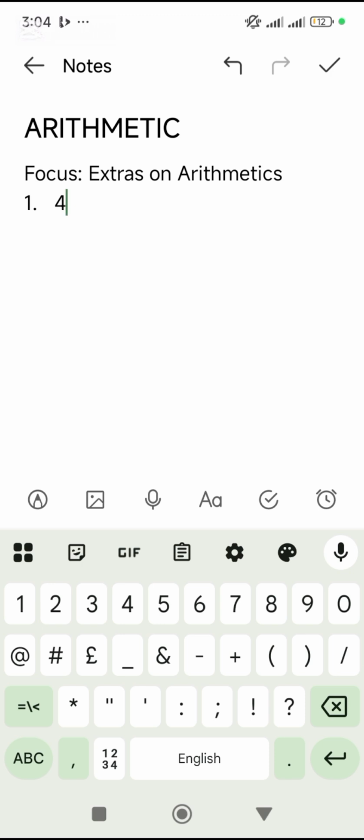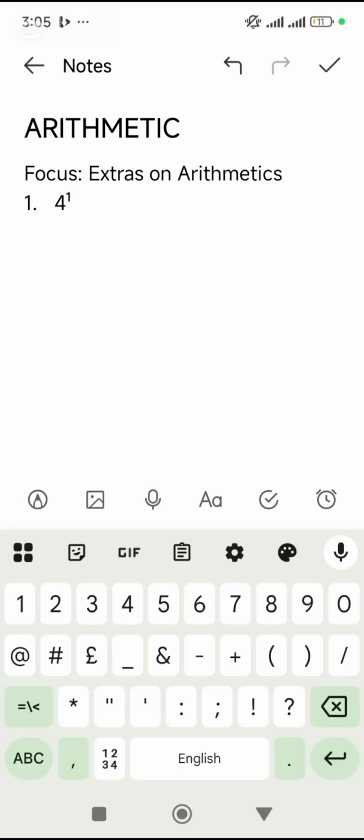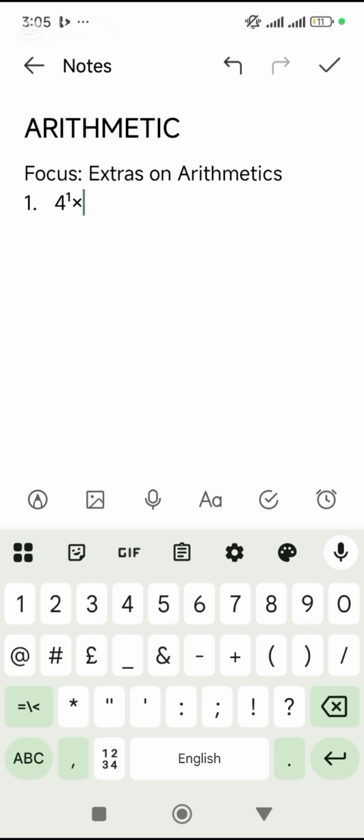For example, the 4 we are seeing on the screen. When you have a number like this, that number is raised to the power of 1. That number is multiplied by 1. That number is divided by 1. Okay, so how many properties now?